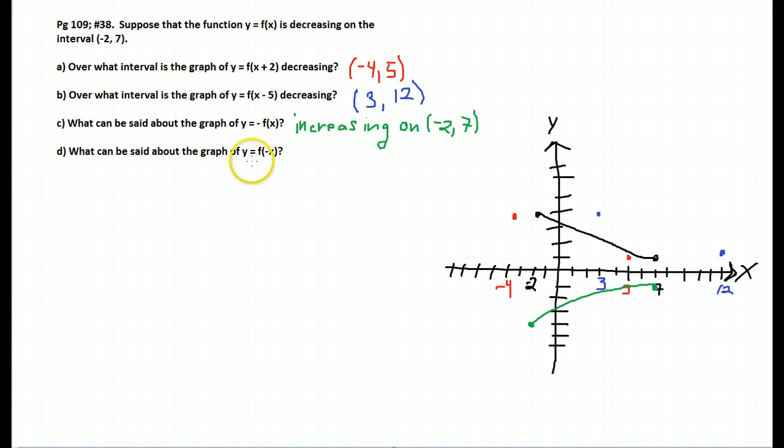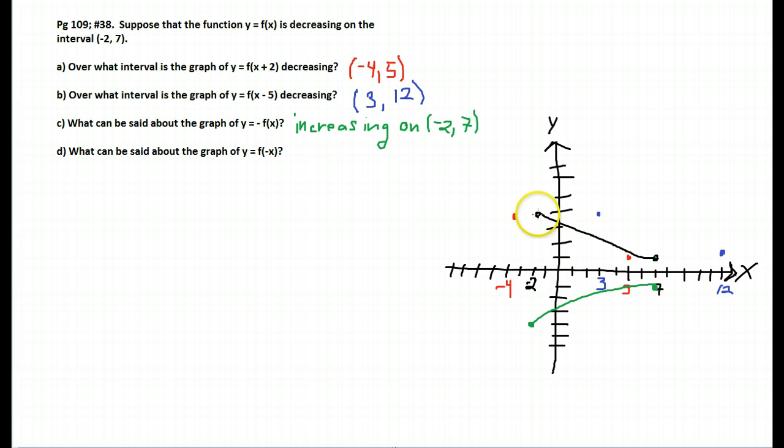Part D. What can be said about the graph of y equals f of negative x? Well, this means that we take our x values and we change the signs of the x coordinates. Here, this x coordinate's positive 2. We would take the same point and we would make its x coordinate negative 2.